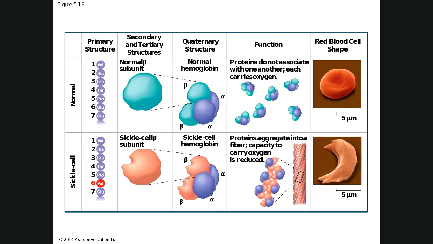It causes those proteins to stick together and become fibrous. And what that does is not only the anemia part, which slows down their ability to transport oxygen, but also as a physical thing, the cells don't flow very well, and folks with sickle cell anemia often suffer lower blood flow to extremities and things like that.